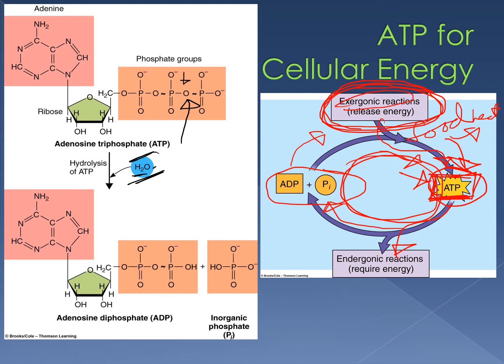Notice in this bond here, there's just one oxygen. Down here, there's a second oxygen and one hydrogen that's been added here, and then there's a hydrogen that's been added here, and then here's our original oxygen. So this is, again, something you don't need to memorize where all these atoms are going, but you do need to know that ATP is being hydrolyzed using water to split that last bond.